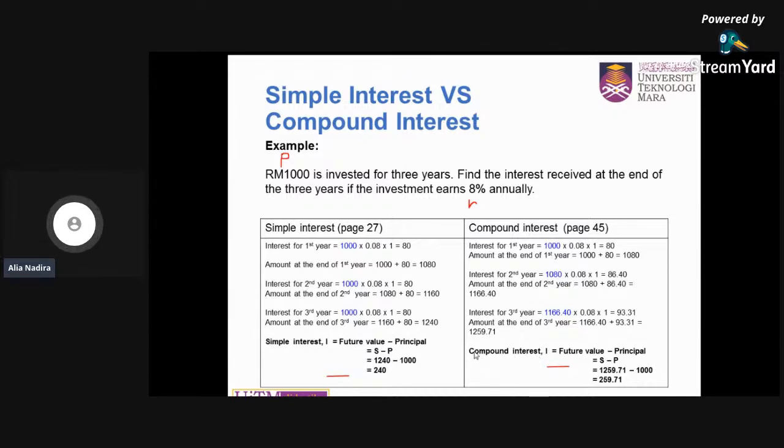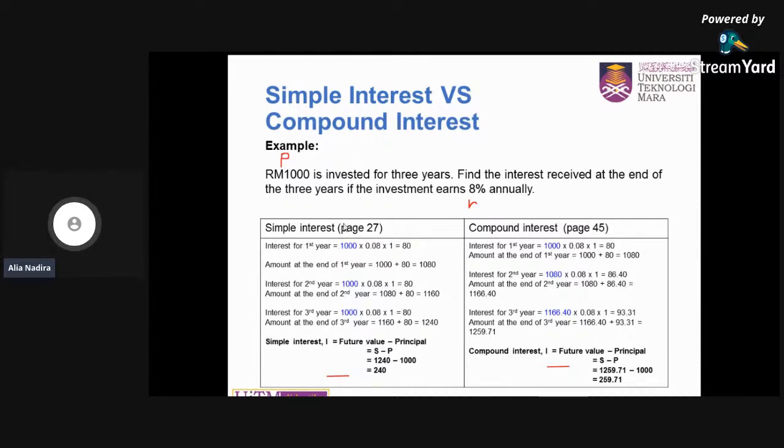If you want to calculate the interest I, you take S minus P, which is 259.71. I just want to show you the differences between simple interest and compound interest. Later on, we will see how it goes if we calculate using the formula.